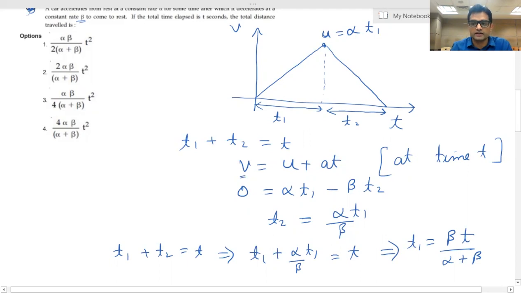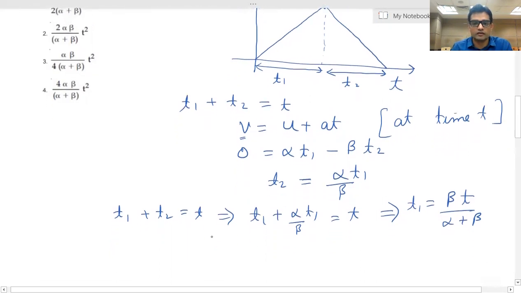This triangle has area half base into height. So distance is equal to half into base. Base will be t1 plus t2, and height is u, and that u is alpha t1.